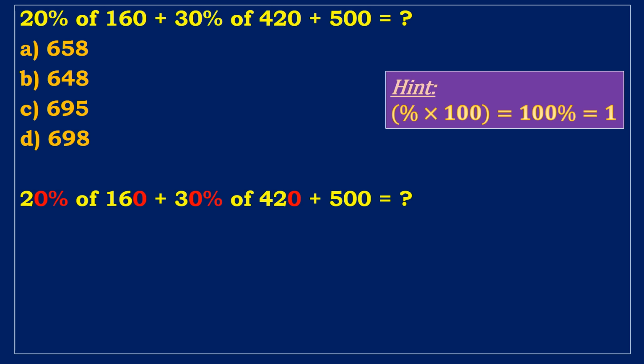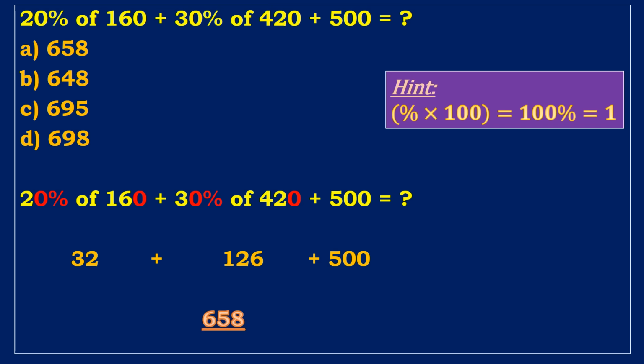Similarly, percentages and zeros are ignored in the second part of the calculation. The calculation then becomes 2 into 16 is 32, 3 into 42 is 126, and 500. The sum of the three numbers 32 plus 126 plus 500 equals 658.